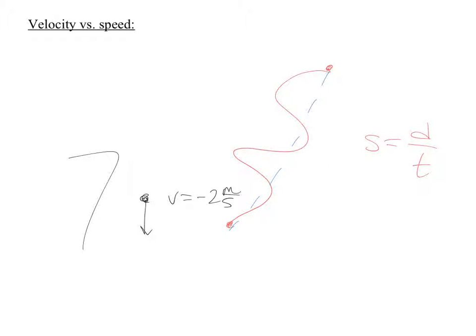Why is it negative? Well, because it's falling down, and we said that down is negative. We talked about this the other day. If you can remember that, you should write that down: down is indeed negative. So the velocity is negative 2 meters per second.